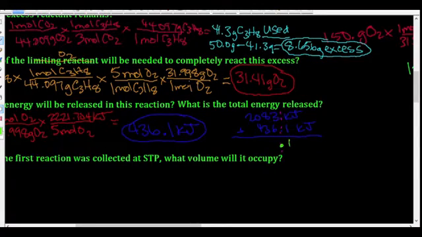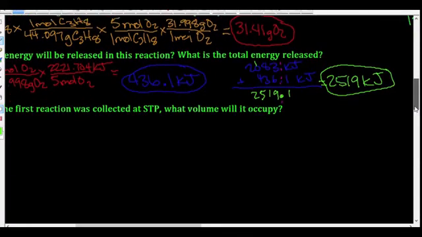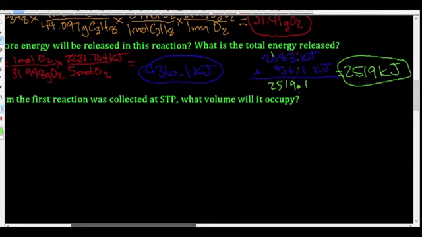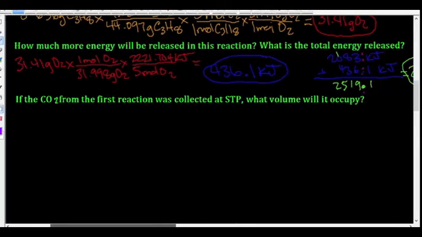When I add them, I get 2,519 kilojoules in total that I'm going to produce. And this is assuming that this is a perfect reaction and you always get 100% yield, which is almost never the case. But it's just to go through things with you guys.